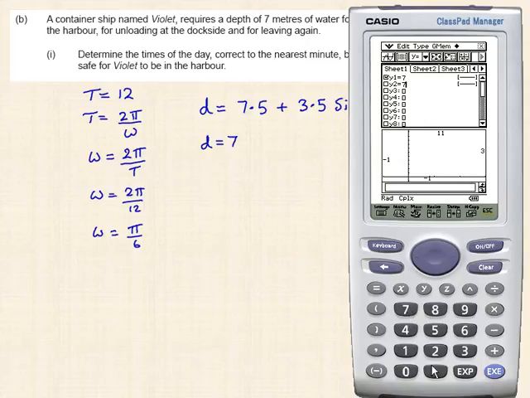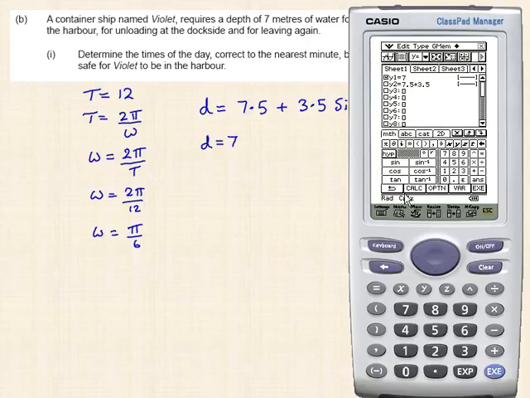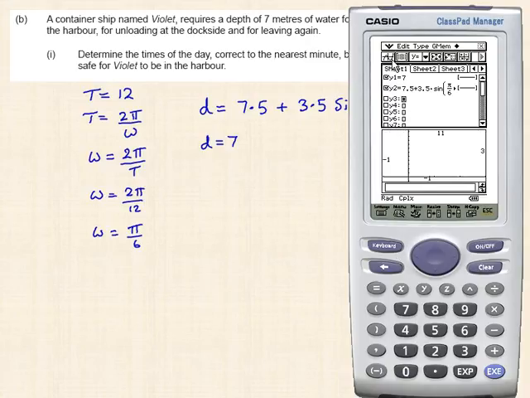And we also need to put in 7.5 plus 3.5 sine, and then we need to put in the π by 6, so π divided by 6, let's call that variable x, take away π divided by 2, we'll close the bracket there, and now we'll just plot that.